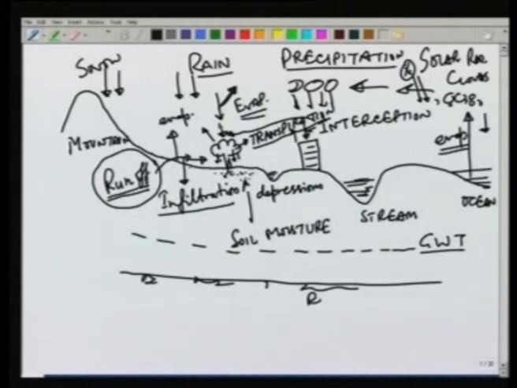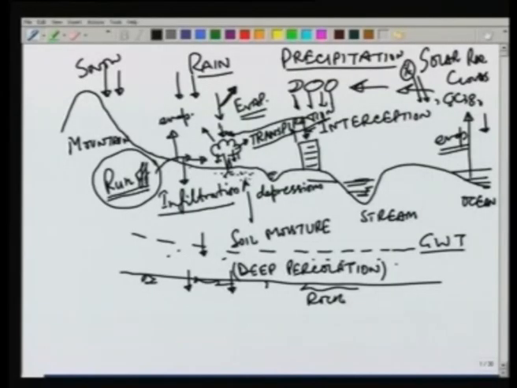So, this will be rock above which this water will be standing, and the water which infiltrates into the groundwater, some part of it may percolate very deep into the rocks and may be lost for all practical purposes. And this is called deep percolation.